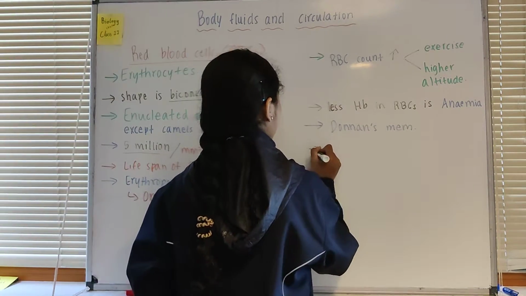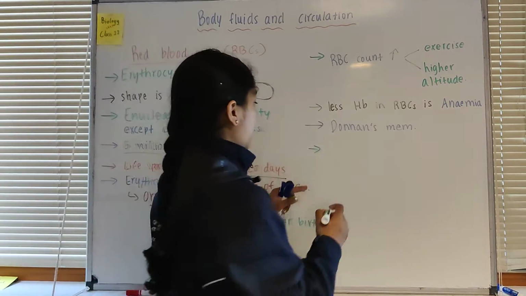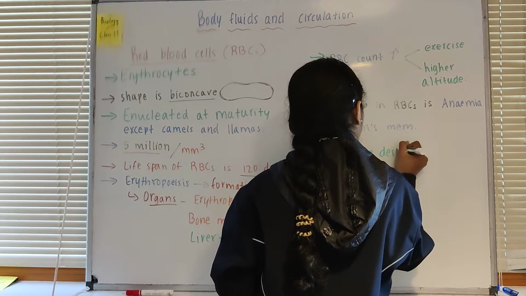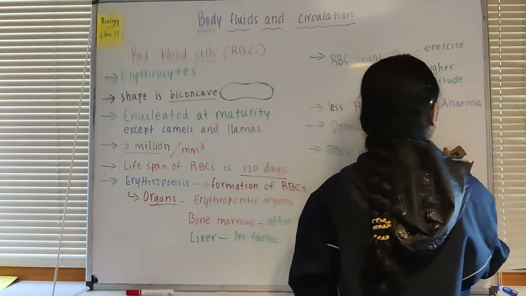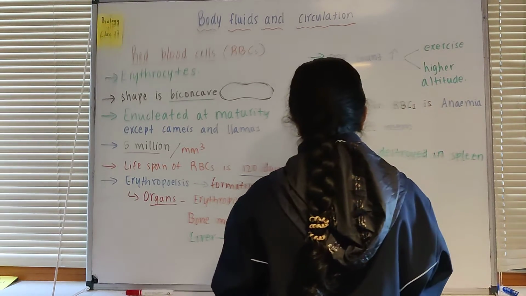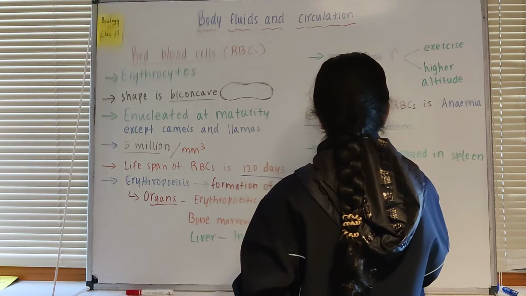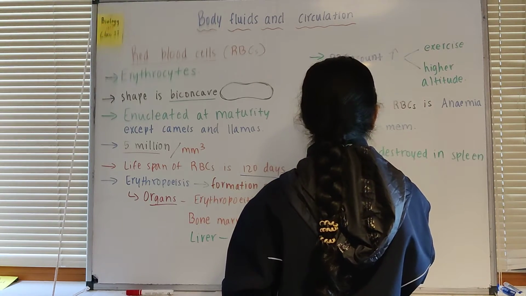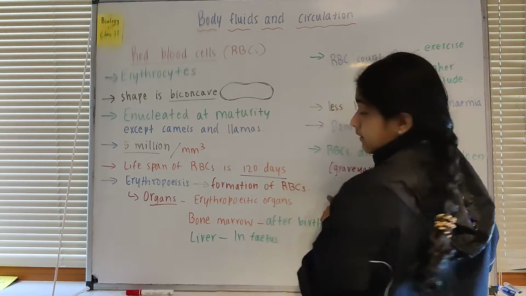And RBCs are destroyed in the spleen. Spleen is also termed as the graveyard or the blood bank.